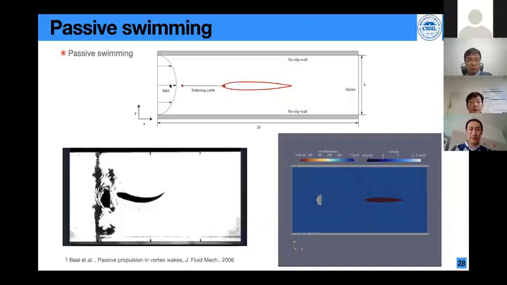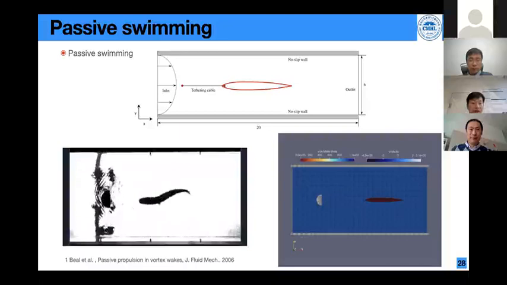This means that when the inflow is interacting with the dead fish, the fish body will be deformed, and then it can extract energy from the flow, and then it will be swimming forward. And these are the experimental results conducted by Beal, published in JFM, as you can see here.